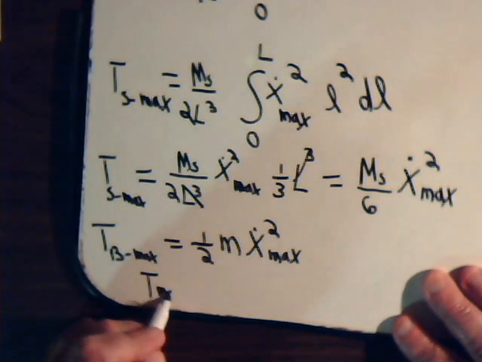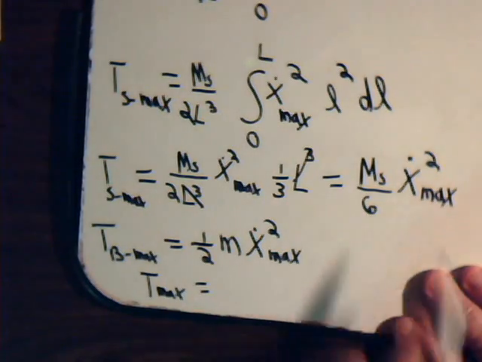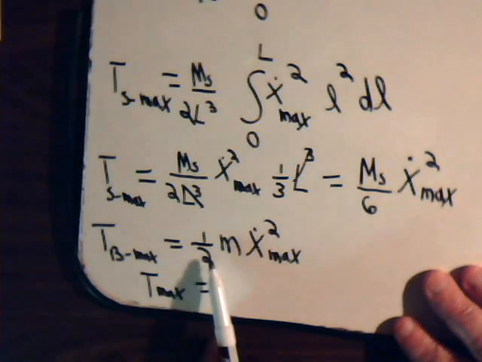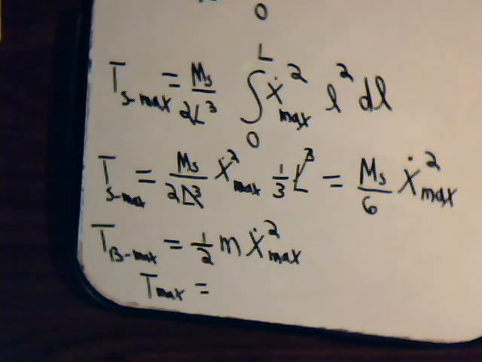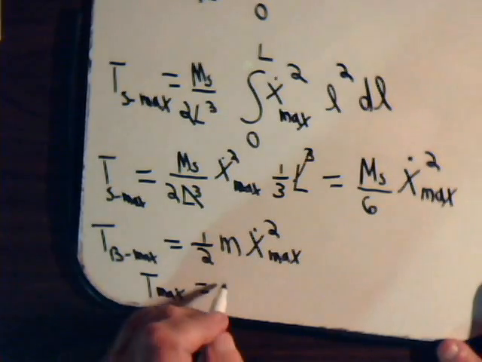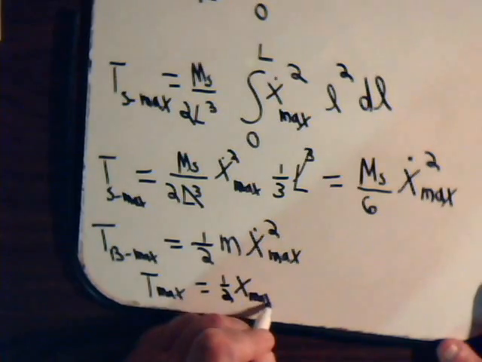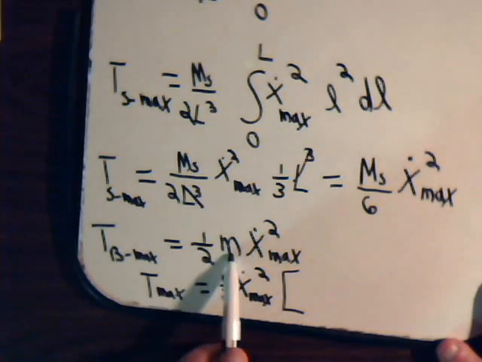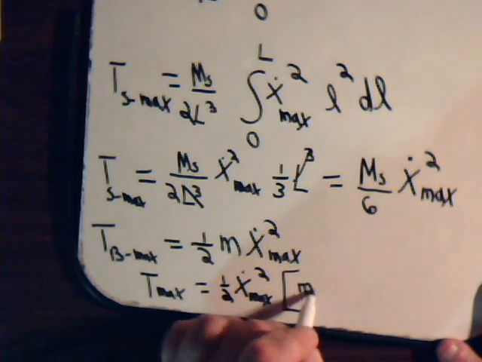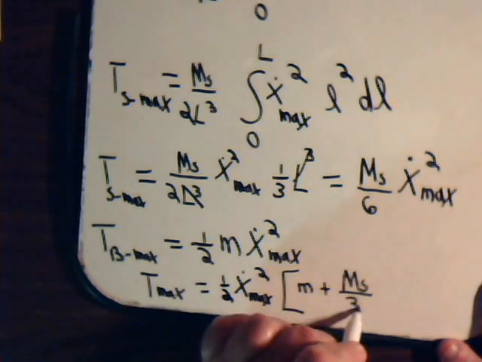The maximum kinetic energy will equal this plus this. It looks like we can factor out a 1/2 x dot squared, and then we should get our answer. We will have it that it will equal 1/2 x maximum dot squared times the mass of the block, m, plus the mass of the spring divided by 3.